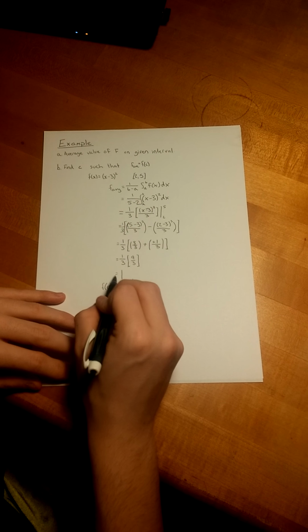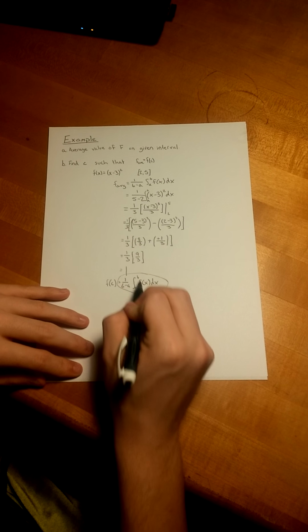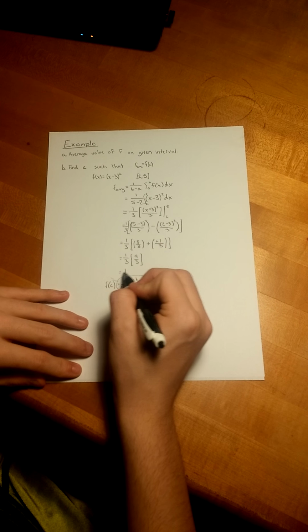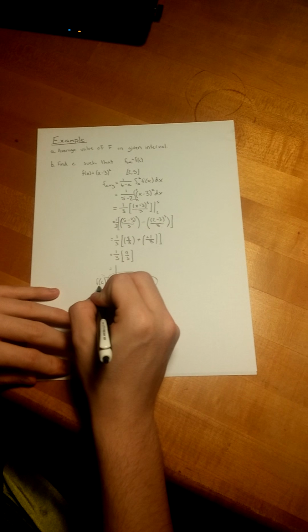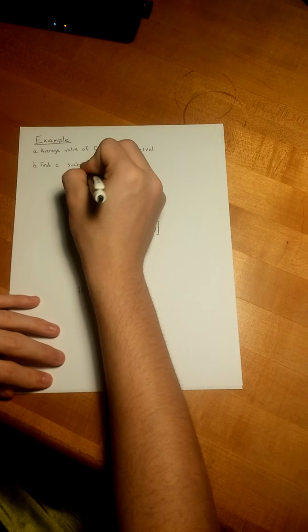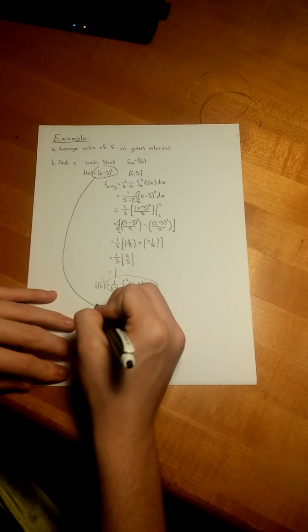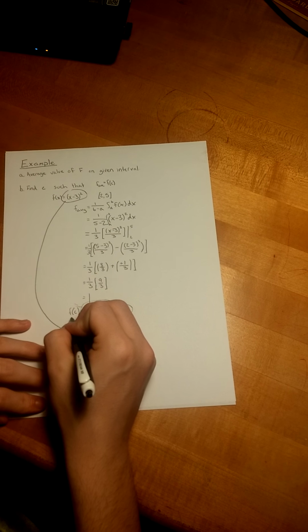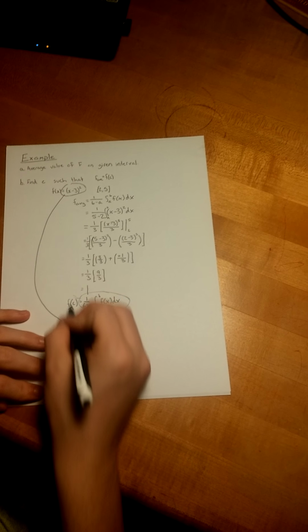Now we just figured out this part up here, this whole area, and we got our answer of 1. For f of c, we want to take our original equation and plug it in over here.